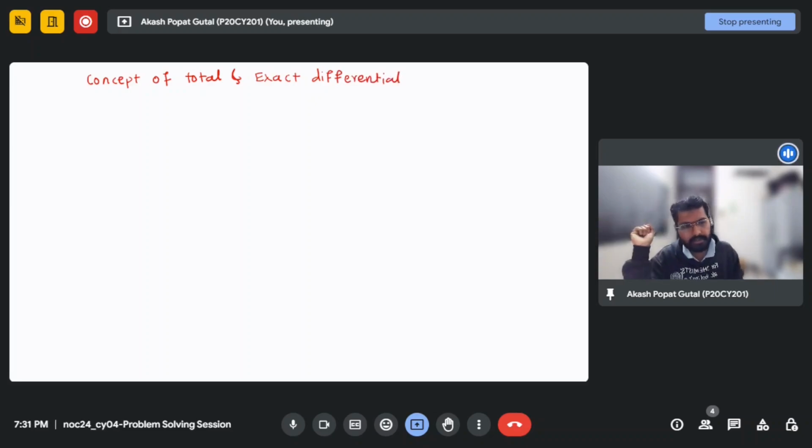So how we define the total differential is that suppose there is a function f of x, y. It depends upon two variables x, y.